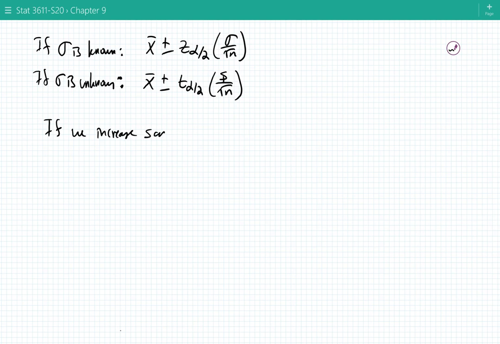What if we increase the sample size n? Well, n here is a factor in the denominator. As n gets larger, that denominator gets larger, and so this plus or minus term is going to get smaller. So if we increase n, the confidence interval will become shorter.